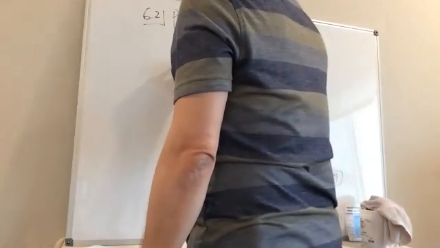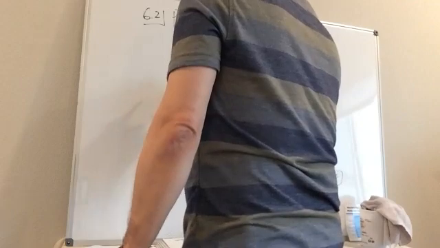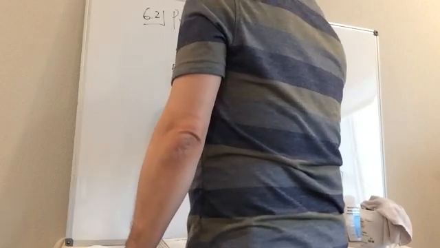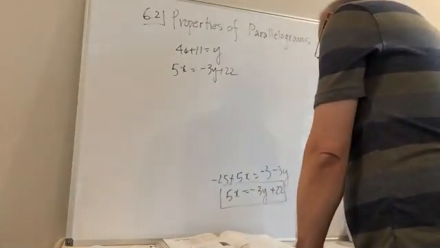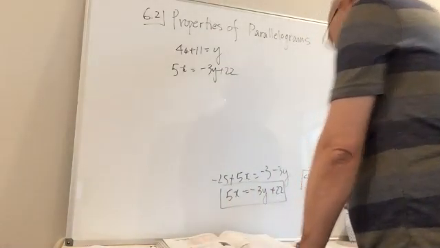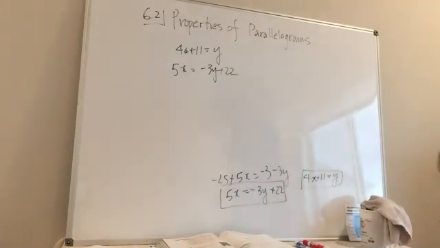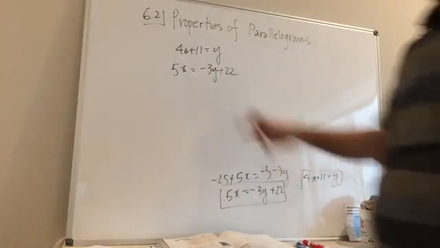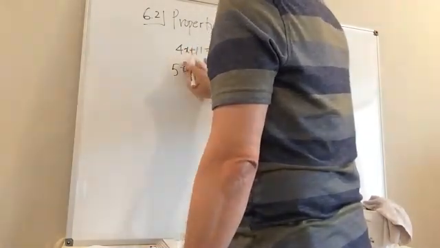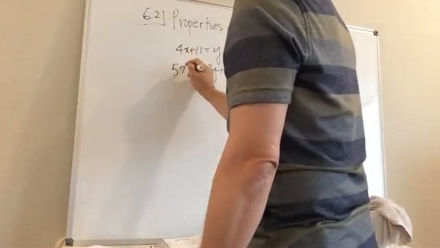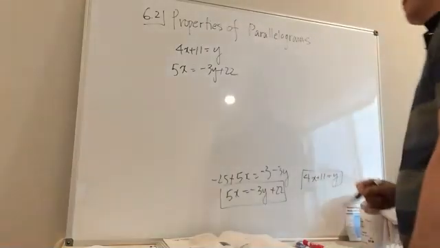I have 5x is equal to negative 3y plus 22. Okay? So how am I going to solve this? What are the methods that we learned in solving system of equations?